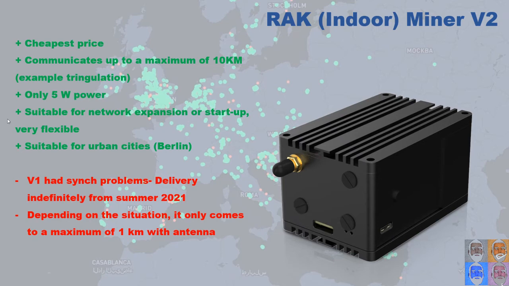It reaches around 1 kilometer, like 1 mile maybe, or 0.8 mile. With this antenna, it is not really for big distances, but in a city, as I told, it's enough.